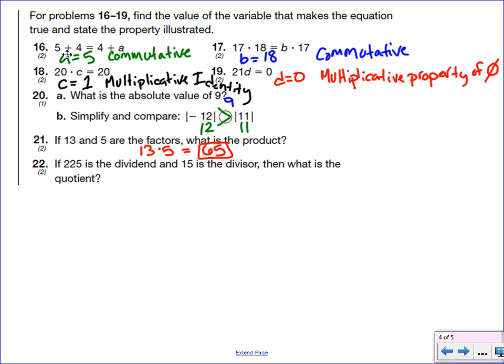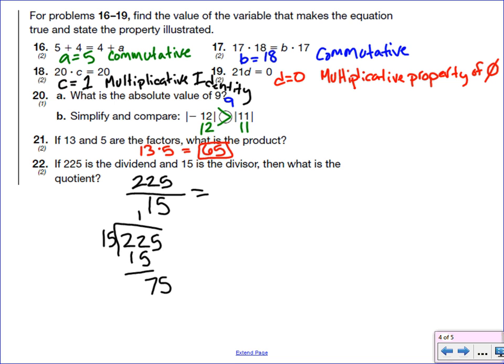So 225 is the dividend, so it means 225 divided by 15 equals, well, if I write it this way, 15 goes into 22 once, 1 times 15 is 15, 22 minus 15 is 7, bring the 5 down, 75. 15 goes into 75 5 times, 5 times 15 is 75.